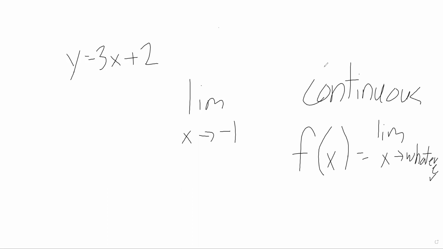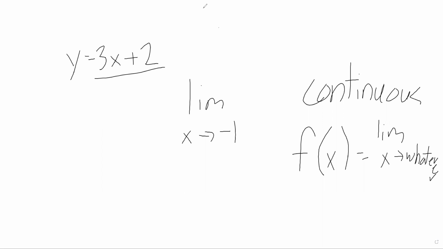Now, what do I mean by continuous? I mean that there's no sudden jump, like in the last graph where we had that closed circle and open circle. That is not a continuous graph at that point, because there's that difference. So a good way of telling that this is a continuous line is, first off, there's nothing in the denominator.